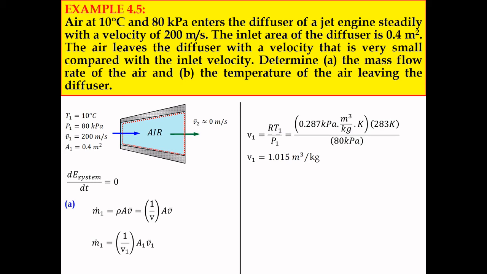So we get V1 equal to 1.015 meter cubic per kg. Substituting all the values into the equation of m1 dot, we get the mass flow rate of the air equal to 78.8 kilogram per second.